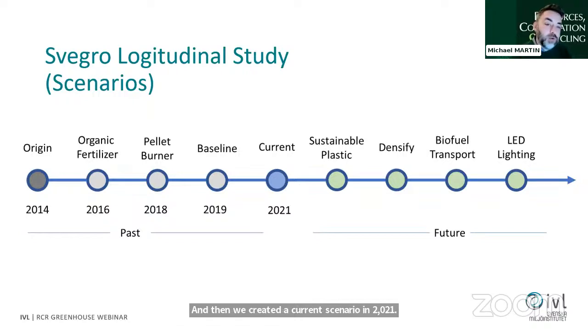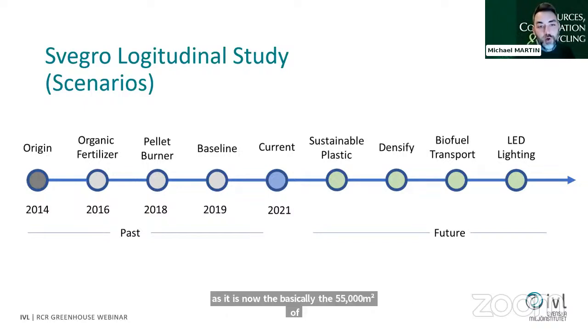But from the baseline, we also went backwards to see what happened when they included a pellet burner instead of a bio oil burner. And then when they switched to organic fertilizers from conventional. This system as it is now, basically the 55,000 square meters of greenhouse, we called the origin, before these improvement options were done.